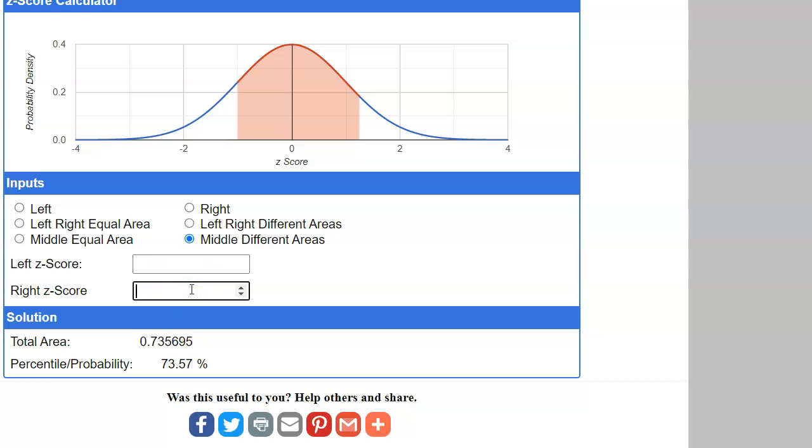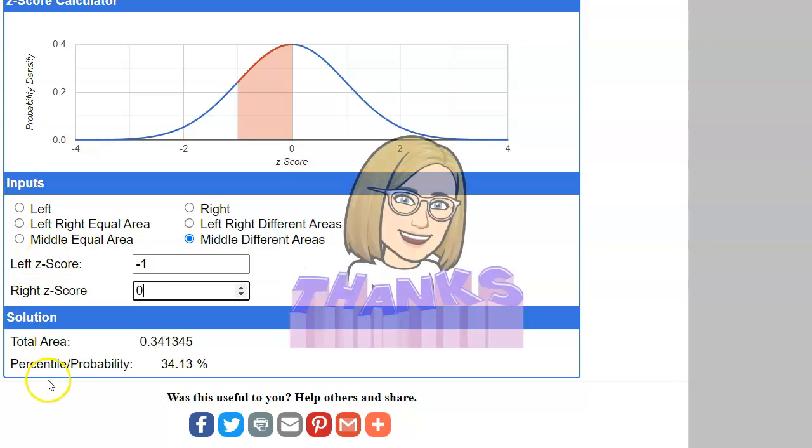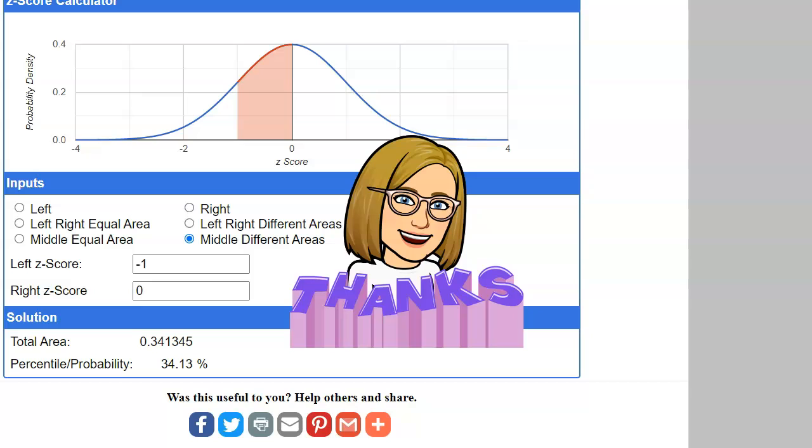Just like that column D, say I was doing my z-scores of 0 and 1, I'd have that lower value. If I was going to go to a z-score between -1 and 0, I would put the lower value in the left. I hope this is helpful and look forward to talking about it more in class. Thanks.